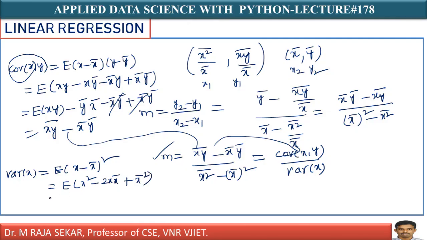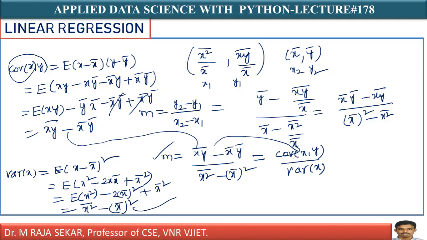So (x − x̄)² can be written as E of x² minus 2x̄, which is constant, times E of x, which is x̄. Therefore, I can write 2(x̄)², plus (x̄)². So E of x² is \overline{x²}, minus 2(x̄)² plus (x̄)², which means minus (x̄)².